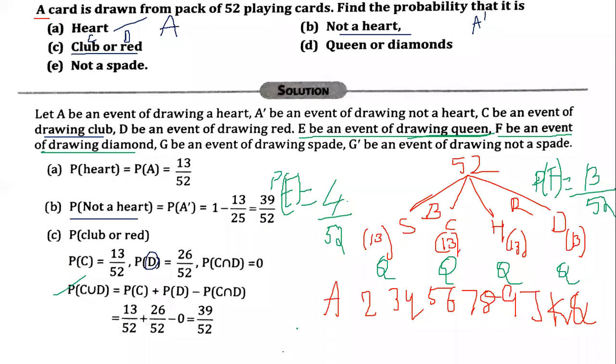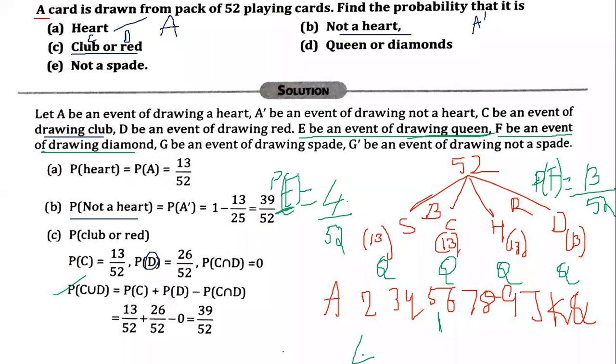Now we are supposed to see what is common between these two events. The first event is drawing a queen card. Queen is there in spade, queen is in club, queen is in heart, and queen is in diamond also. So the diamond cards also have a queen card. So there is one queen card which is common to both the diamond cards as well as the queen cards, right?